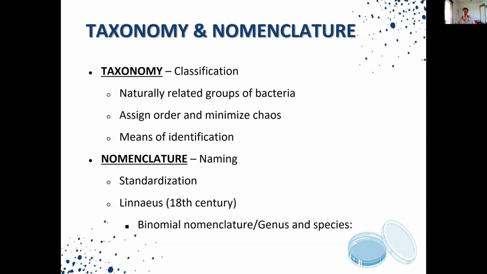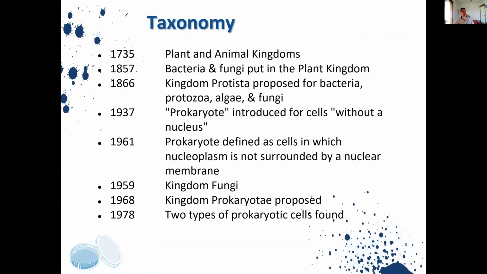The reason it's based on Latin is that most scholars at the time, the 18th century, spoke Latin. Thus, it became the go-to language to use. It's a binomial nomenclature. I'm sure you're all aware of this at this point, where we refer to organisms using both the genus and the species monikers.